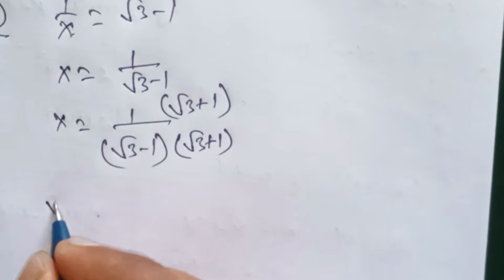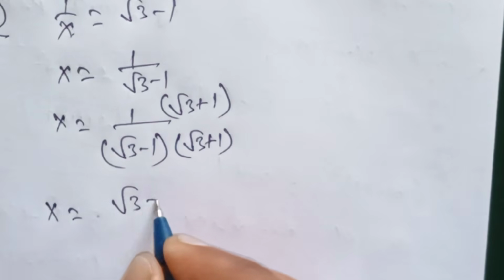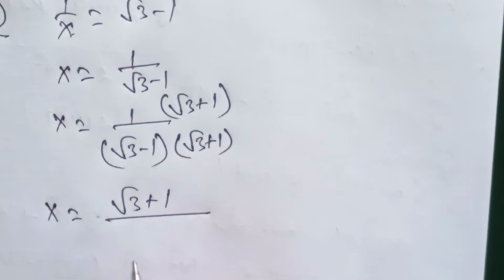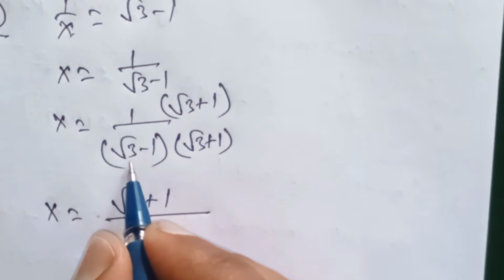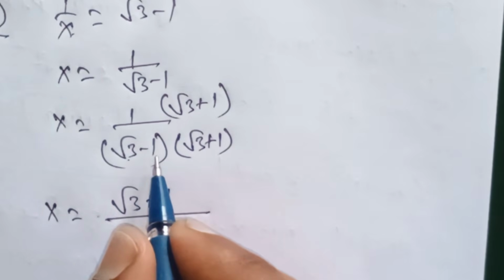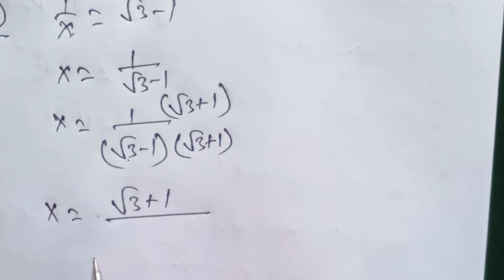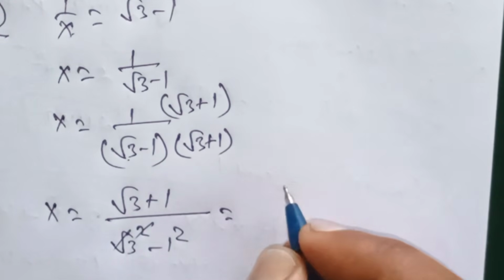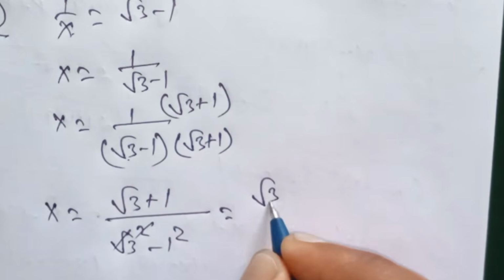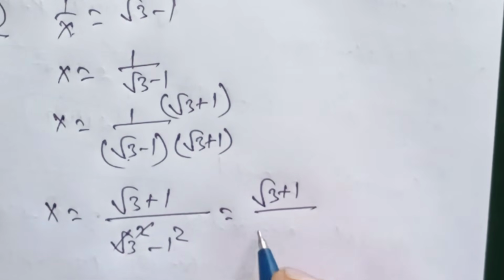So x is equal to root 3 plus 1 divided by, this is in the form of a minus b into a plus b, so root 3 square minus 1 square. The root and square cancel, root 3 plus 1 divided by 3 minus 1. x is equal to root 3 plus 1 divided by 2.